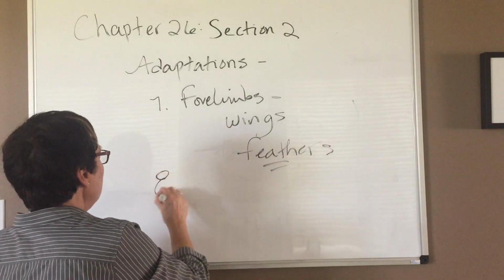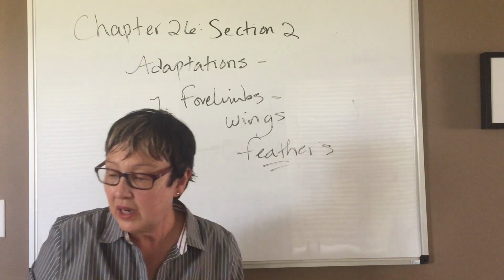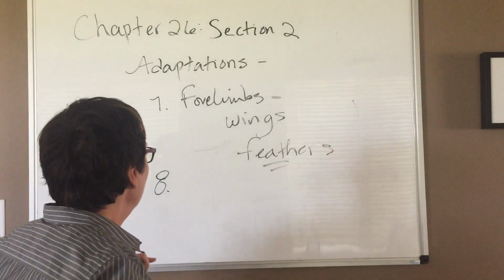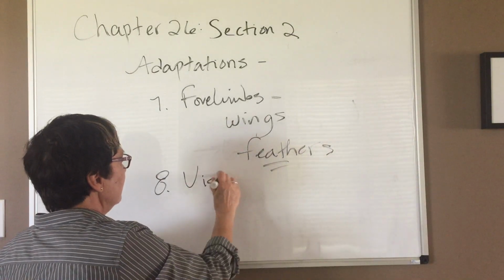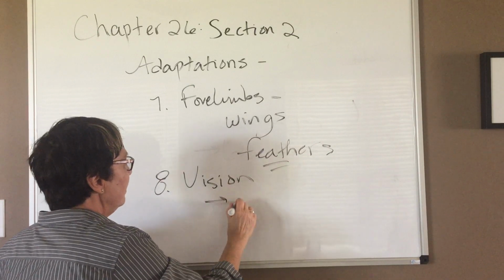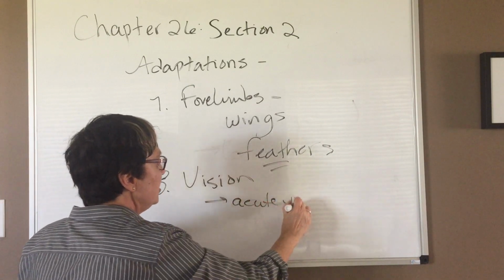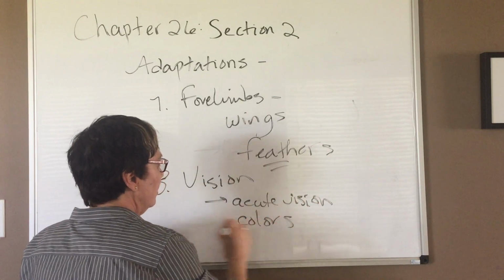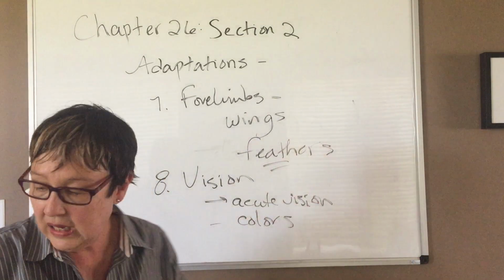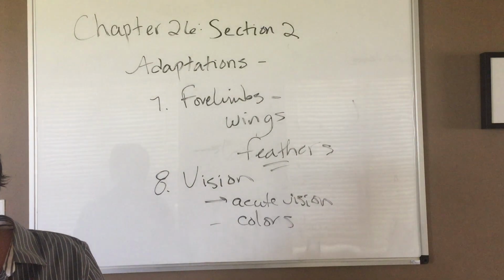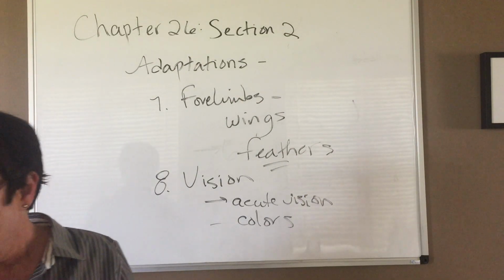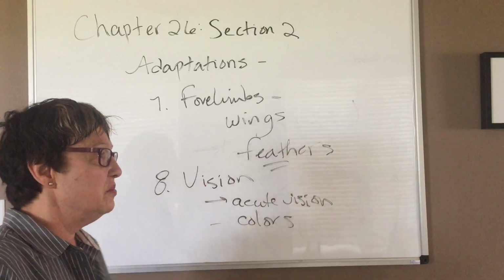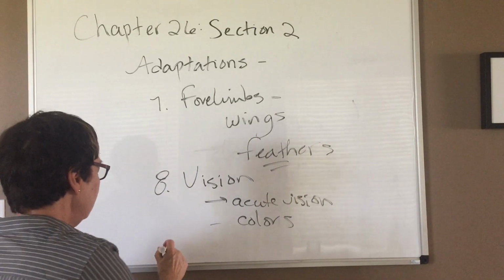All right, one more characteristic, well, actually 2 more. Vision. Birds have actually very acute vision. They do see colors, and they are able to see quite some distance, very sharp images.